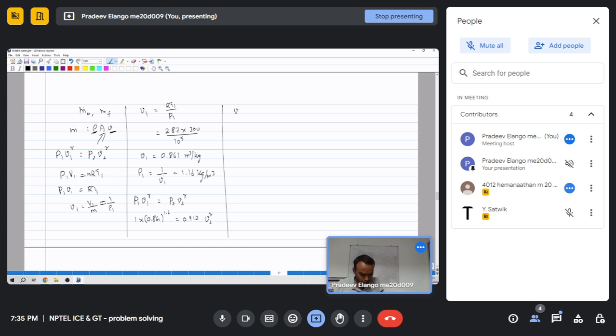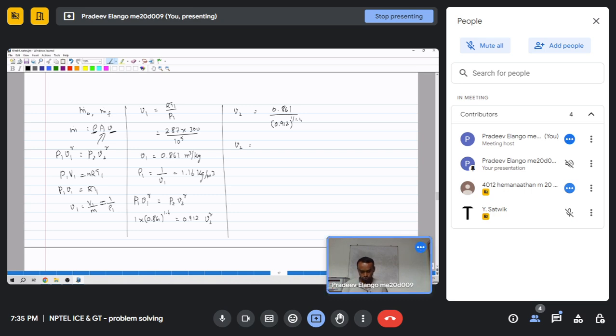Now V2 is equal to 0.861 divided by 0.912 power 1 by 1.4. Can you get this? Or I can write in steps if you are not able to follow. Can you calculate V2?